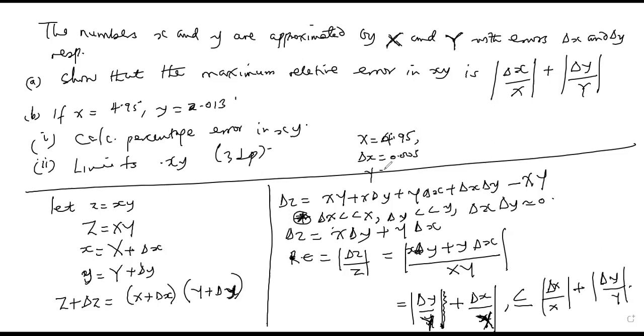If you have y as 2.013, then delta y is going to be 0.1235. Then you substitute in this, then you multiply by 100. You already have the values of x and y, you know them. So it's just a matter of substituting, then you multiply by 100. You have delta x, you have delta y, you have x, you have y.